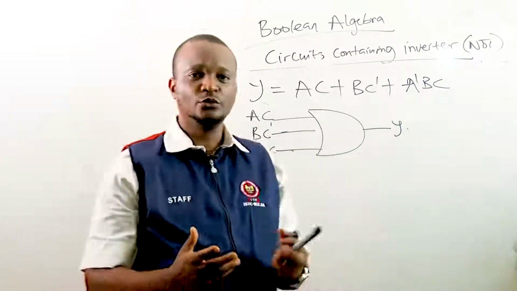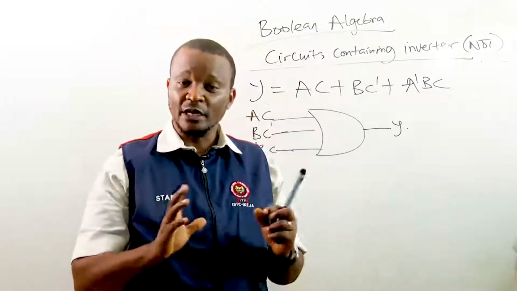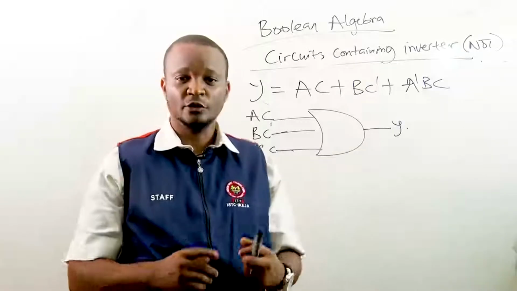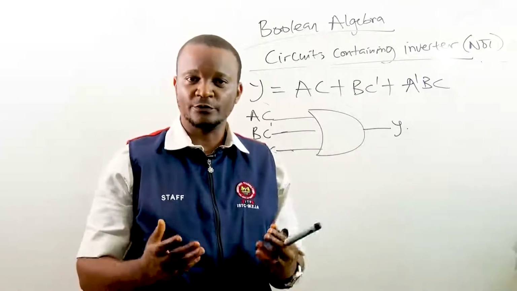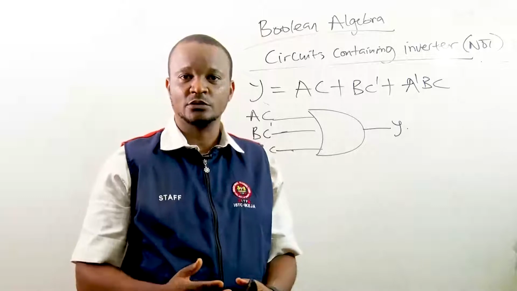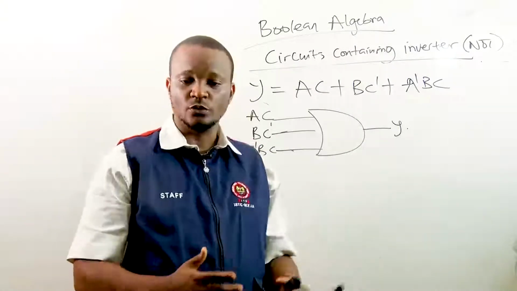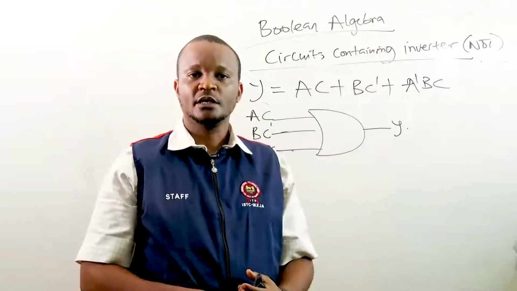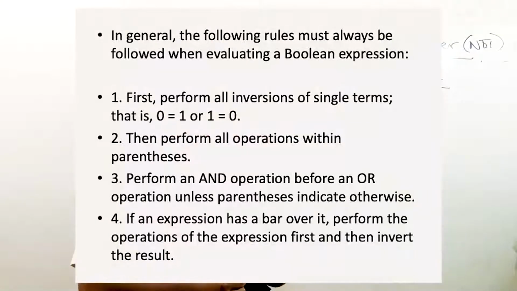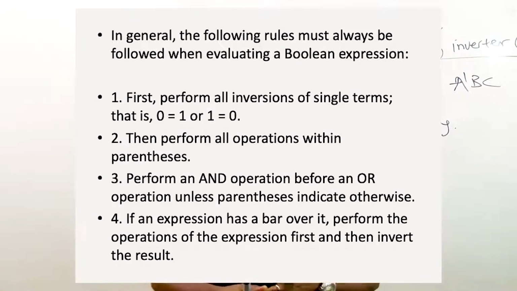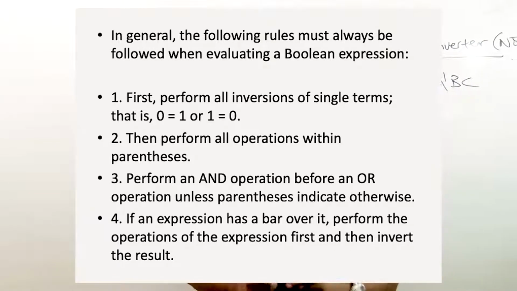But in general, the rules for evaluating Boolean expressions, number one, you first of all perform all inversions of single terms, that is from 0 to 1 or 1 to 0. Then you perform all operations within the parentheses. Number three, you perform an AND operation before an OR operation, unless parentheses indicate otherwise.